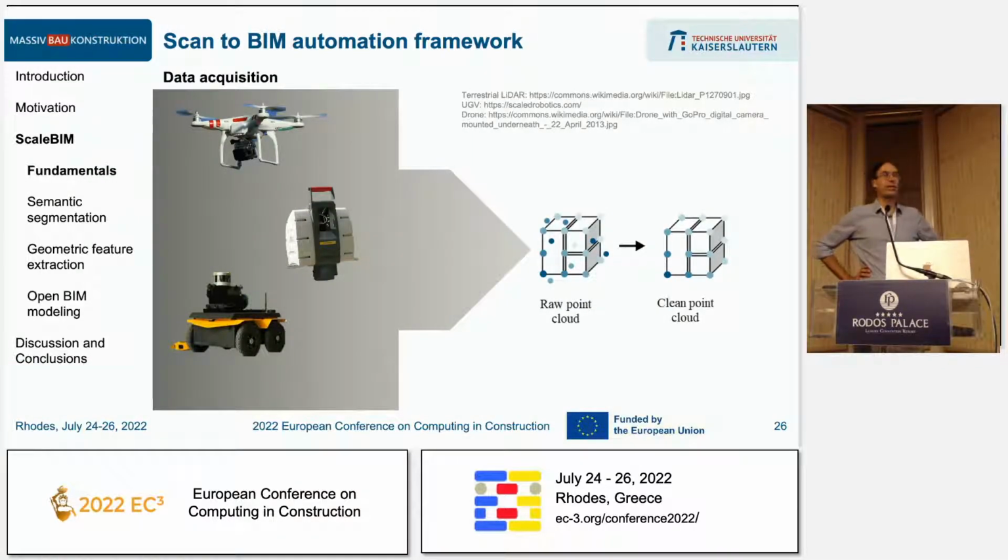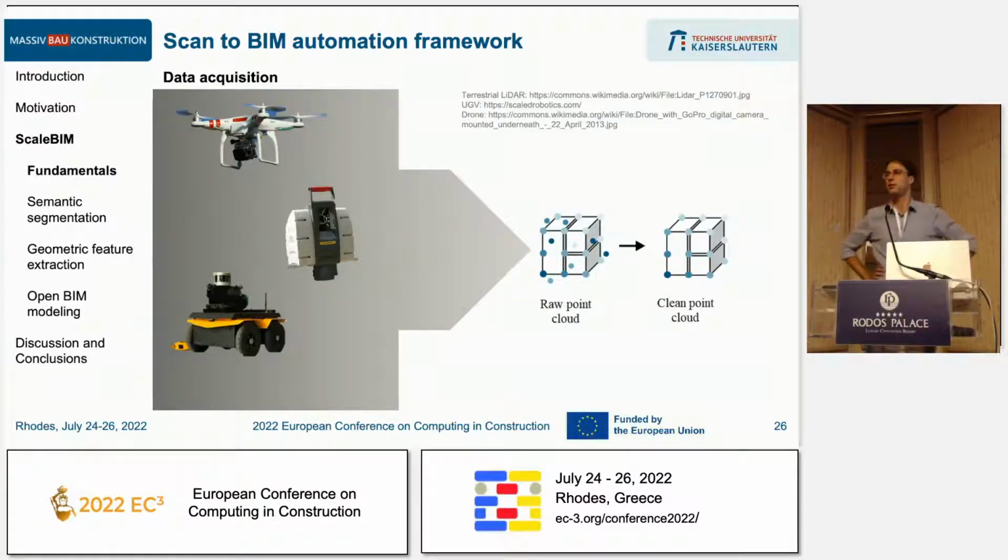If we're talking about scan to BIM, the very first step always is data acquisition. Now you will probably be familiar with the things I put on the left side of this slide, like data acquisition with drones, where you can use LiDAR sensors or photogrammetric workflows.